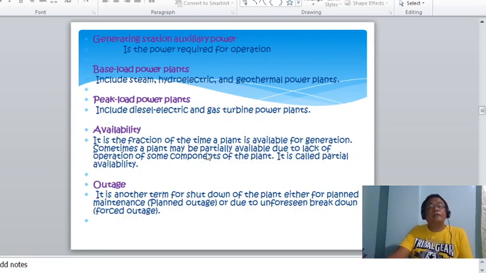Sometimes a plant may be partially available due to lack of operation of some components of the plant, so it is called partial availability. Another is outage. It is another term for the shutdown of the plant, either for plant maintenance or due to unforeseen breakdown, or forced outage.